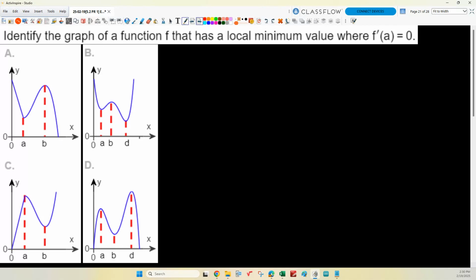Two of those look pretty similar, but one of them's supposed to be a sharp corner, just FYI. So it's B, isn't it? Yeah. You see it comes down and then goes from linear to a curve. So it'd be B, because that's where I have a horizontal tangent at A. Agreed? Okay.